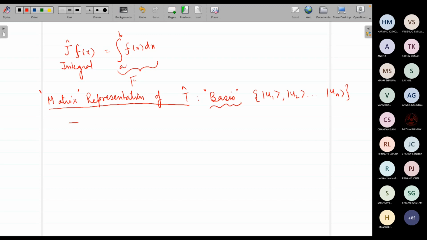Now, tell me, if I apply T on u1, what is this? I am applying my linear operator on the first of the basis vectors. So I have a set of bases, in a space V over the field F. What will be the resultant?